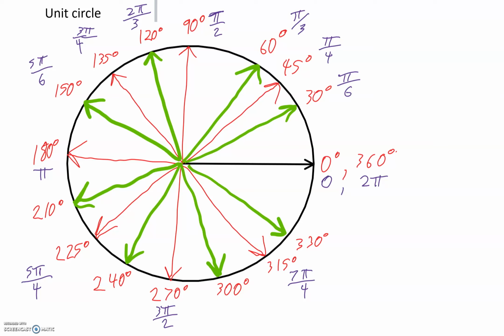Continuing on, we'd have 7 pi over 6. We'd have 4 pi over 3. Yeah, 1/3, 2/3, yep. And then over here we'd have 5 pi over 3, and then last we'd have 11 pi over 6.